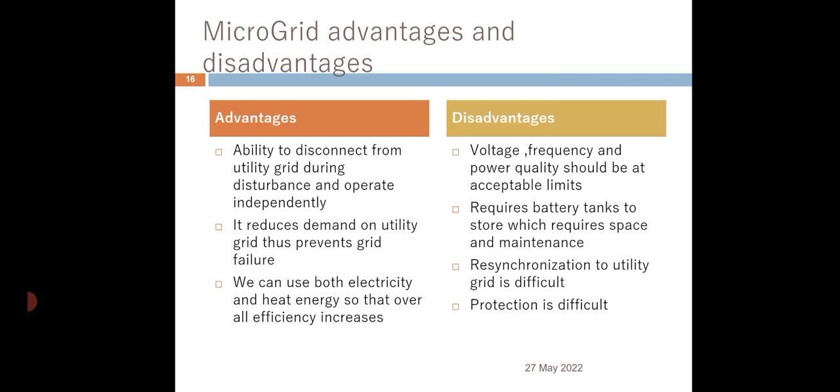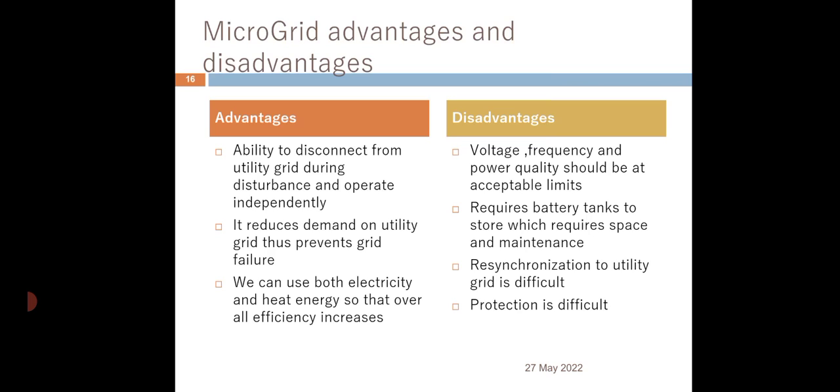It reduces demand on the utility grid, thus preventing grid failure. Next, we can use both electricity and heat energy so that overall efficiency increases.